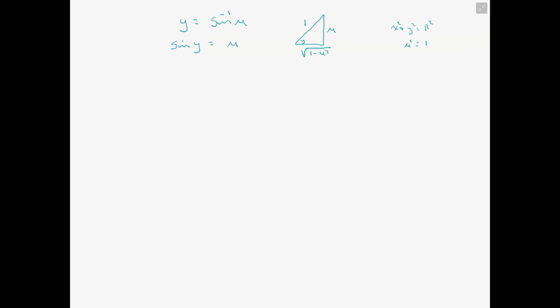That's because x squared plus y squared equals r squared. r is 1 in this case, y is u, so x squared equals 1 minus u squared, and x equals the square root of 1 minus u squared.